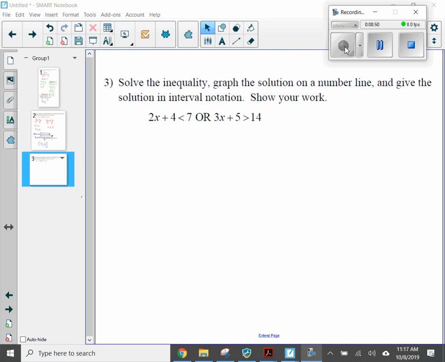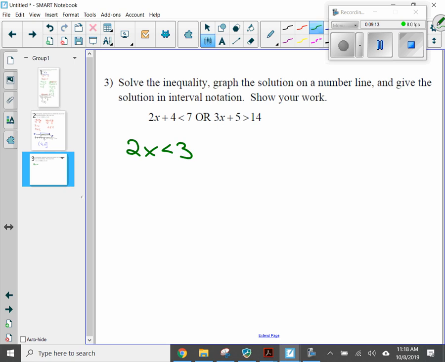So here we have an or compound inequality, which means either that one can be true or that one can be true. So I'm going to solve for this one here. I'm going to subtract 4 from both sides. I get 2x is less than, what is that, 3, right?